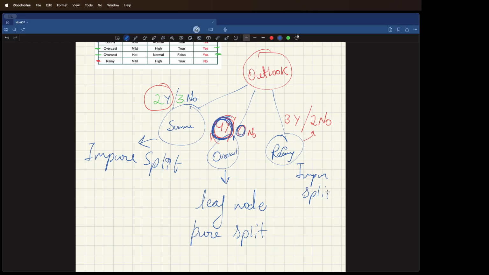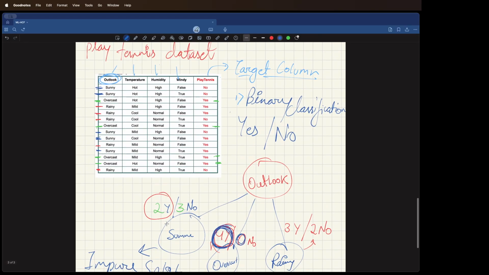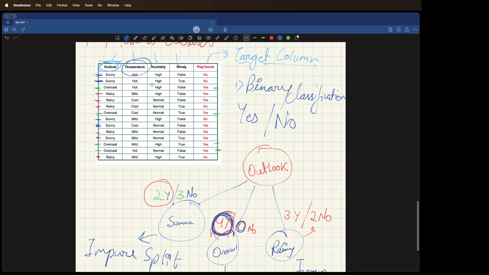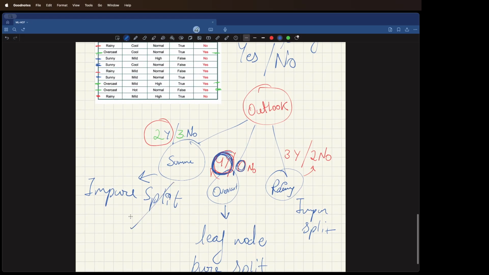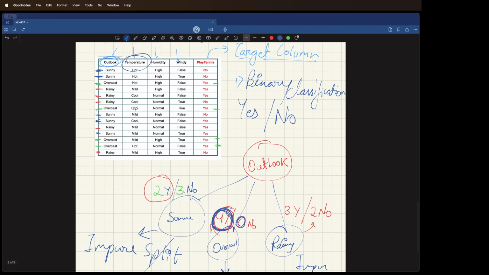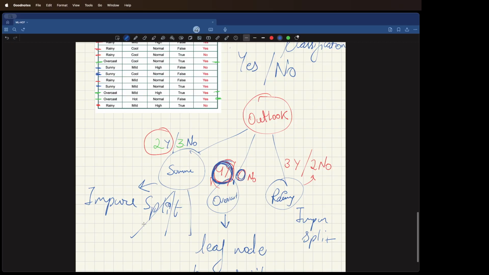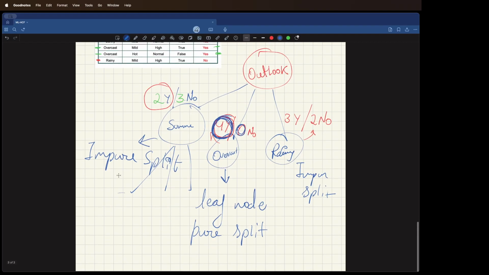So what does a random forest model do, not random forest, sorry, decision tree do? It creates multiple decisions under a particular feature. Once it selects one feature, now for the summer one it will take temperature. Temperature had hot, mild, cool, so again 3 categories. Sorry, I'll go a little bit down.